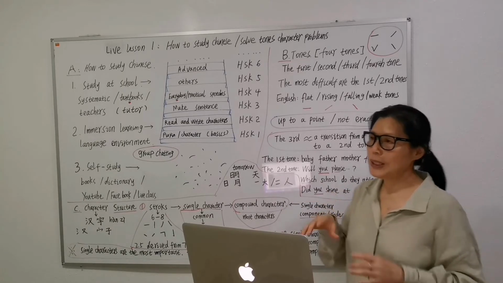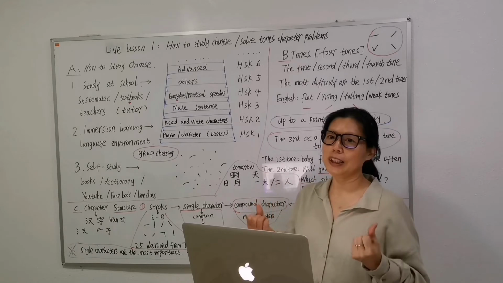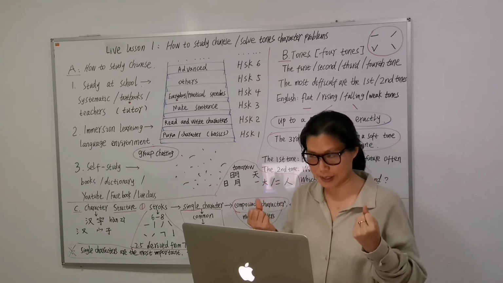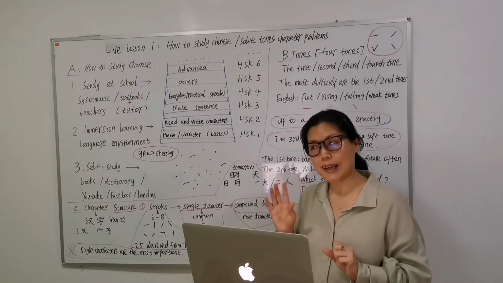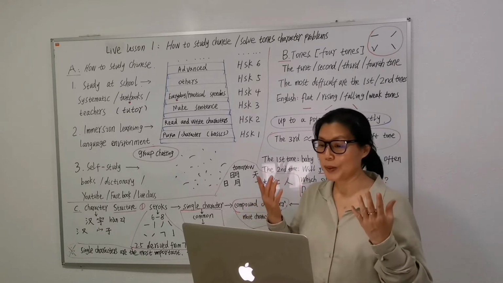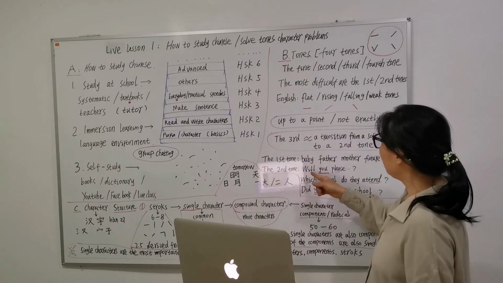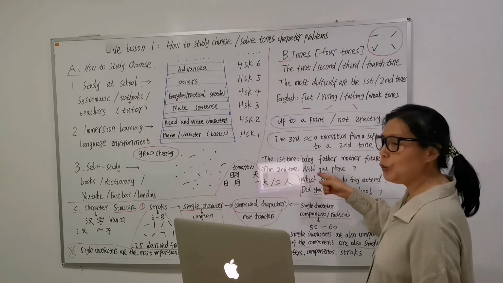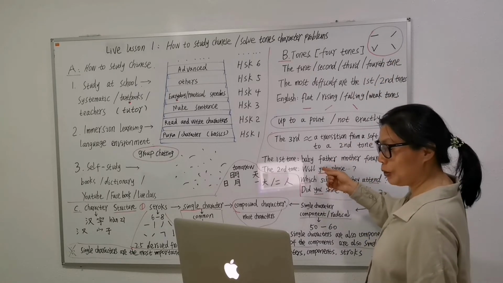I know there is no second tone in English words, but in English sentences, some words are pronounced just like the Chinese second tone, especially in English questions. Let's check here. Will you please? Will you, you, you, you?